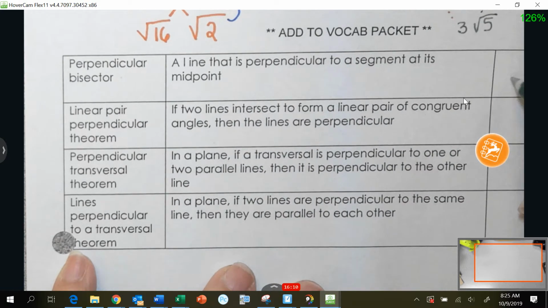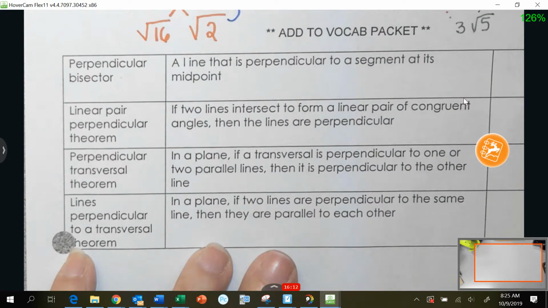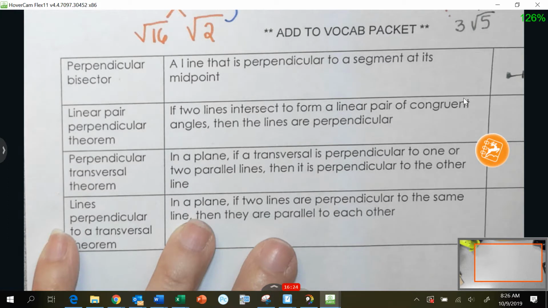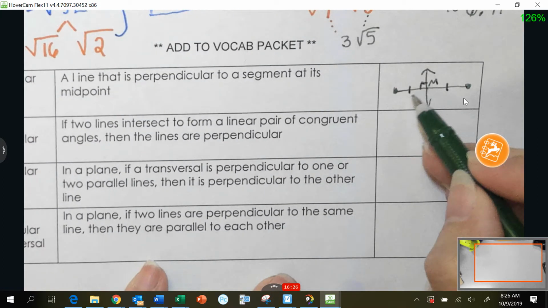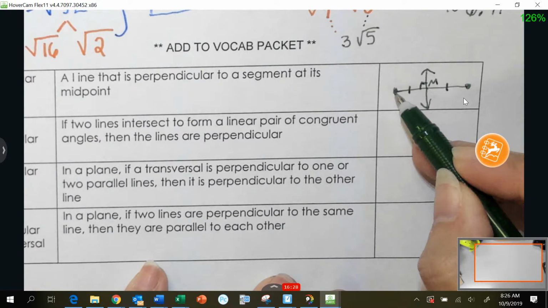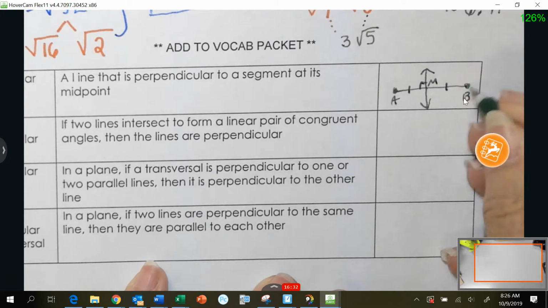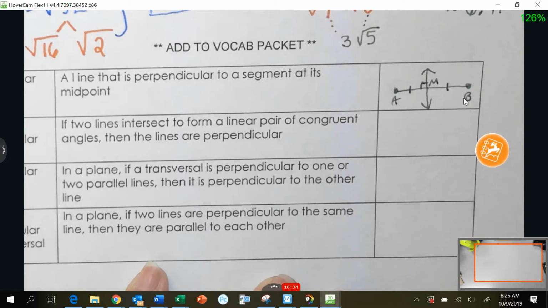It doesn't really have to be a line, something that is perpendicular to a segment at its midpoint. So it makes 90 degrees. It also cuts this segment, I'll just call it segment AB, into 2 equal pieces. 90 degrees and goes to the midpoint.